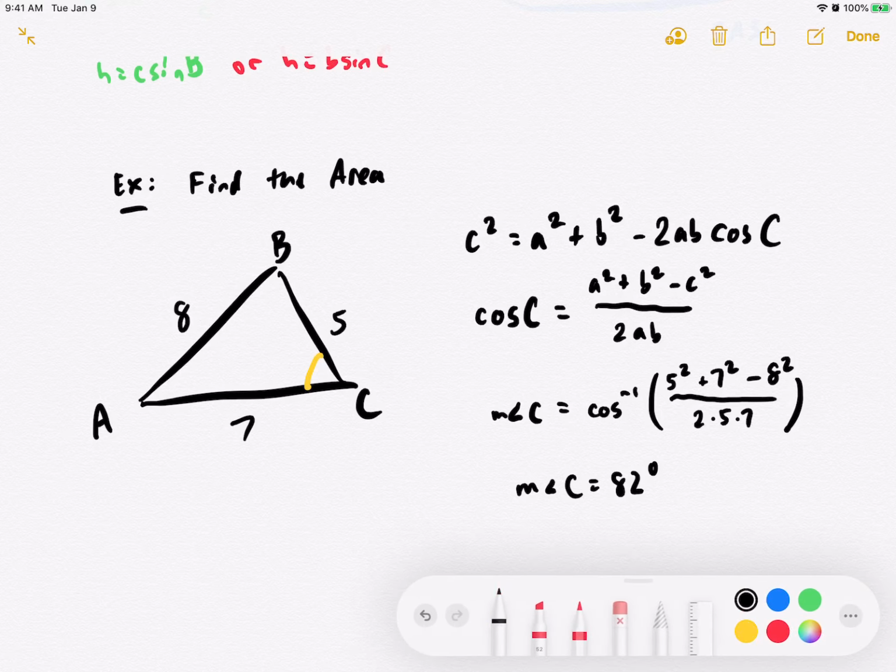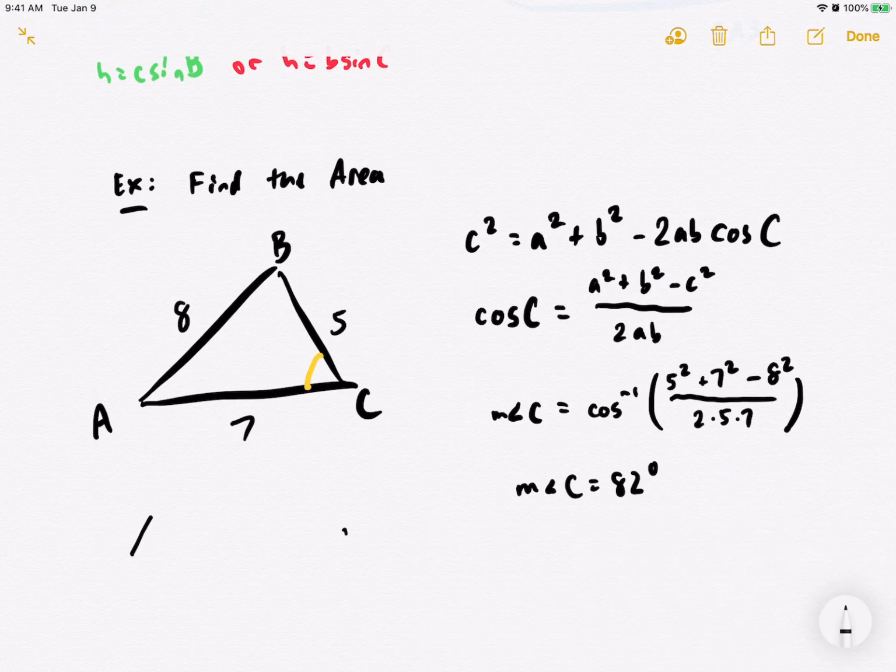Okay, so what's the point? The point is that I want to find the area of this triangle, and now I can do it. The area of the triangle will be 1/2 the base times the height, or 1/2 ab sine C. So in that case, it'll be 1/2 times 7 times 5 times the sine of the angle between 7 and 5, which I just found to be 82 degrees.